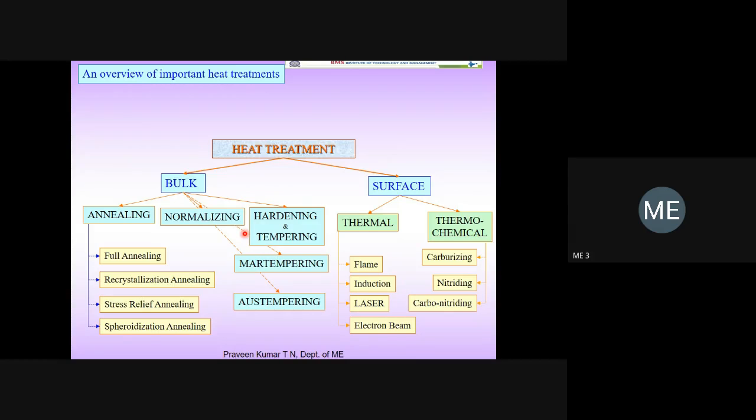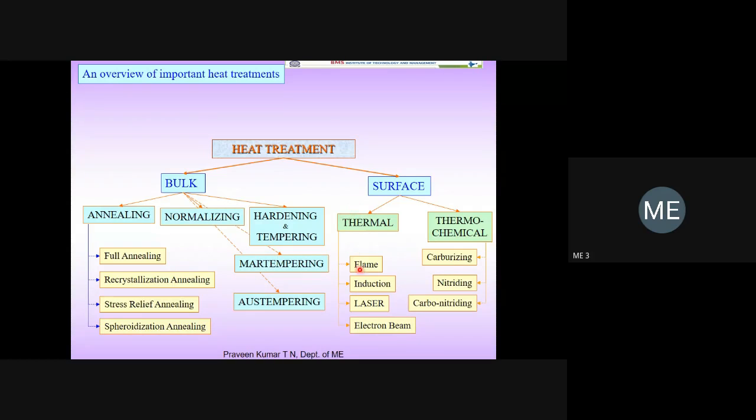To get 100% bainite, you have to go for one more process. It is the martempering process as well as the austempering process. In general, you have to remember that in the austempering process, the microstructure obtained is 100% bainite. Don't confuse them. Martempering means you are getting martensite, with some cooling, then a constant temperature transformation process.